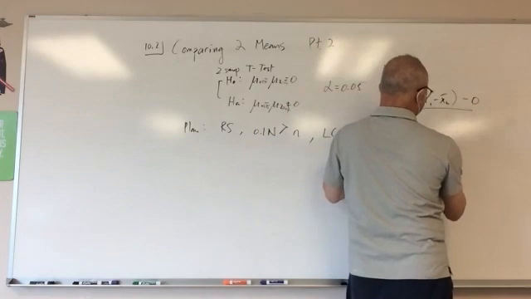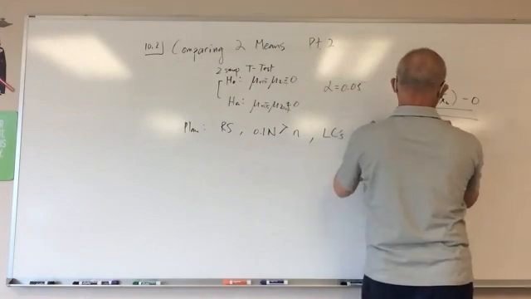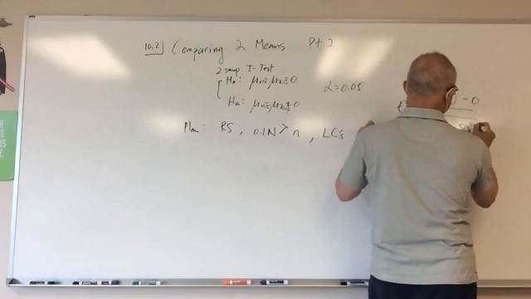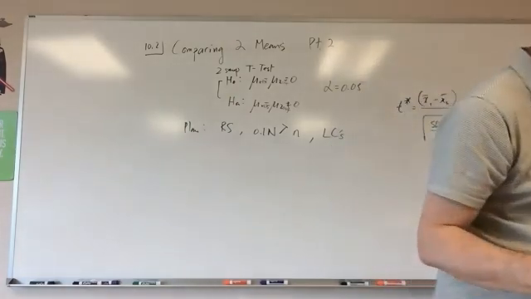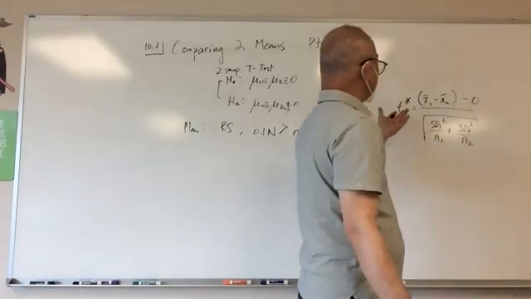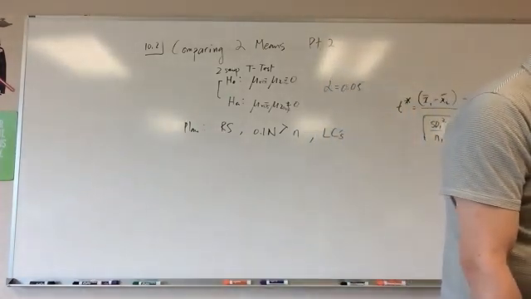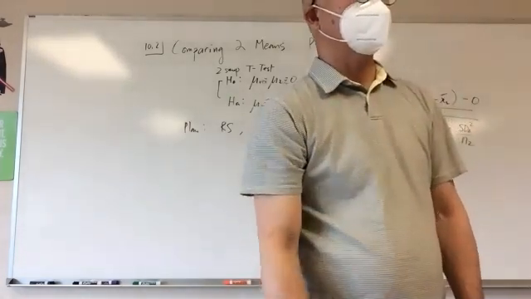And then we're going to have the standard deviations: the square root of s1 squared over n1 plus s2 squared over n2. This is how we would calculate the T star. And then obviously there's a calculator method.